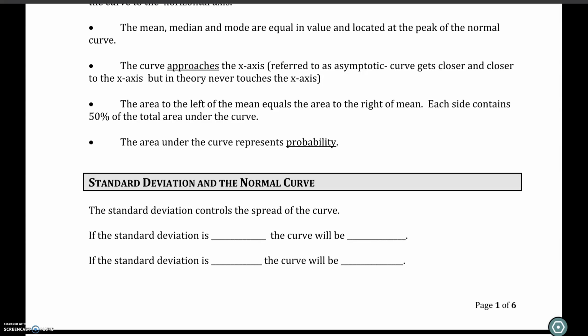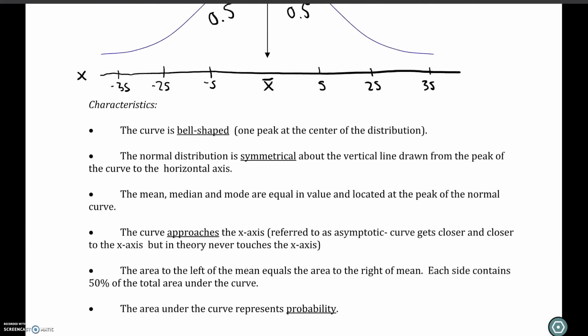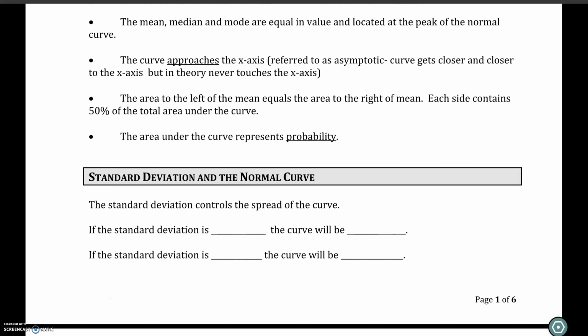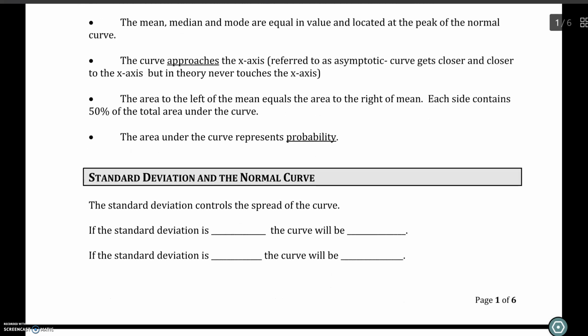The value of the standard deviation controls how quickly the normal distribution approaches the x-axis. If the standard deviation is larger, then the curve will be flatter. It'll be more spread out.